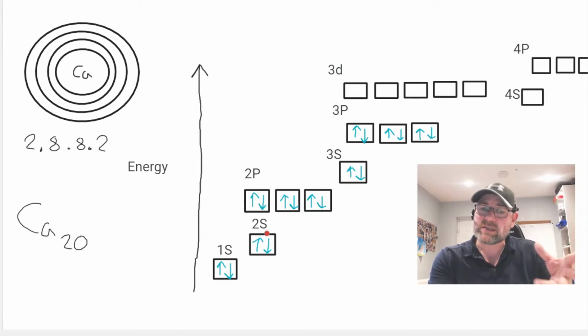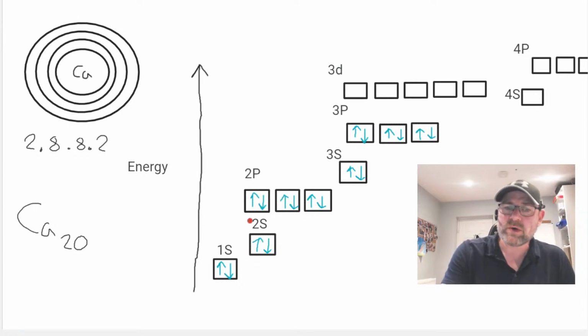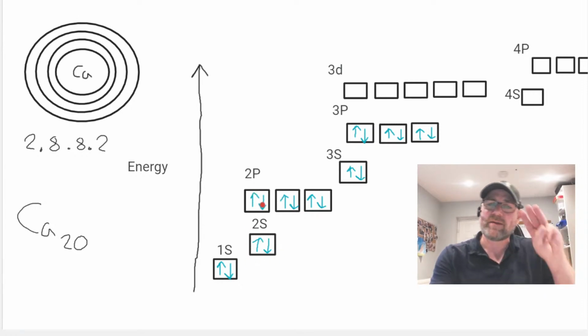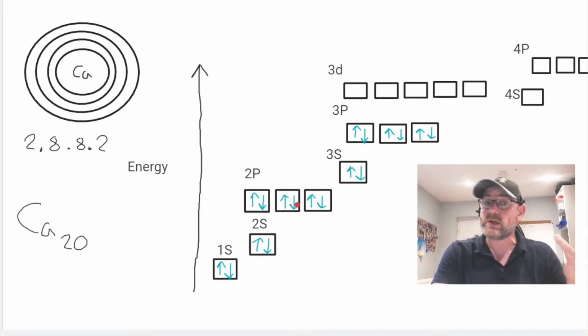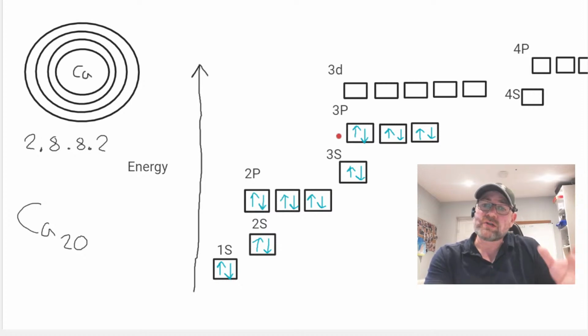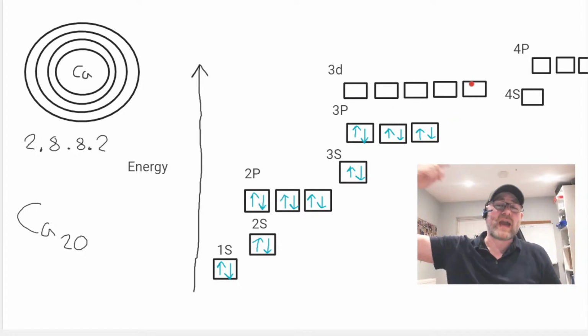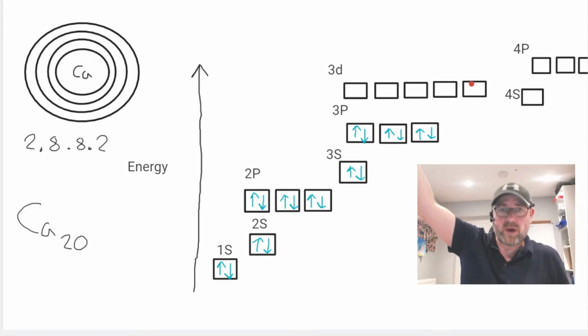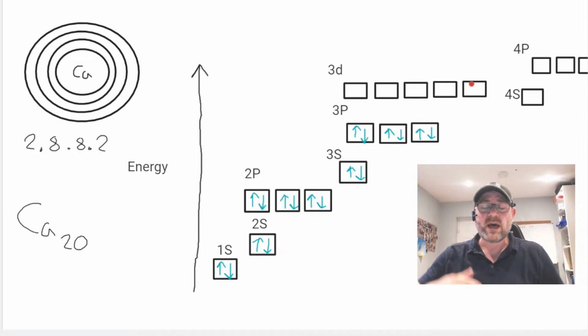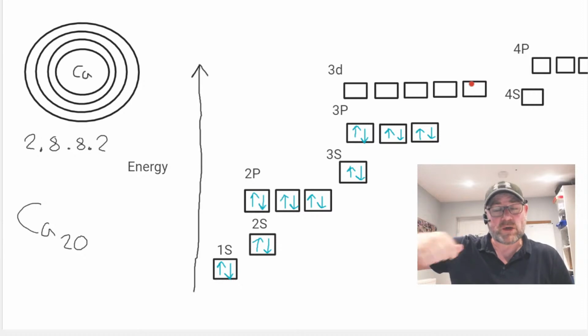The s subshell is a sphere made of 2 electrons in its orbital, and then the 2p subshell is made of 3 orbitals, x, y, and z, but you don't need to call those x, y, and z at A level. Then we go to the third energy level, which is the third ring around the outside of calcium. We find there are 3 subshells, 3s, 3p, and 3d. So we've had a new one added. And if calcium went through all of the 4th energy level of electrons, then we'd have 4s, 4p, 4d, and 4f.